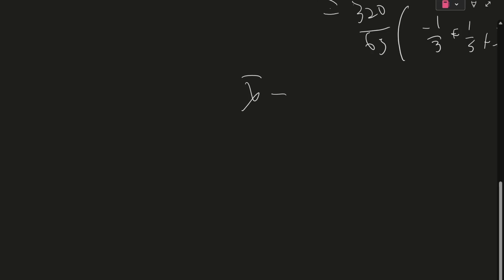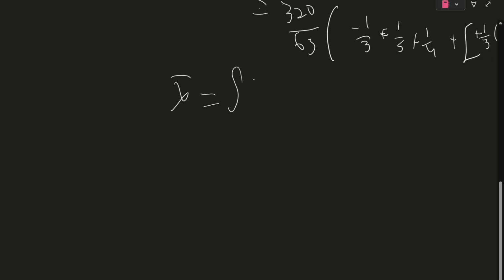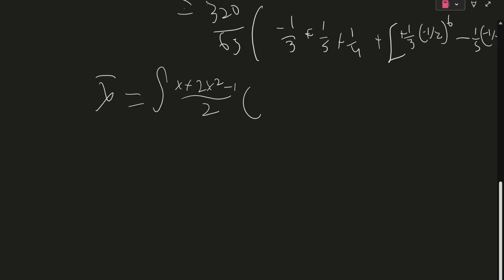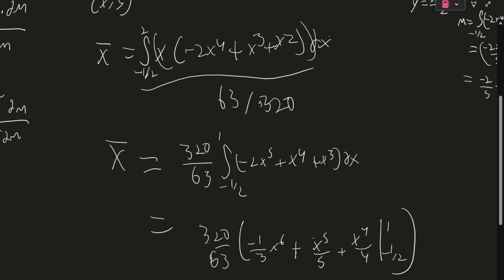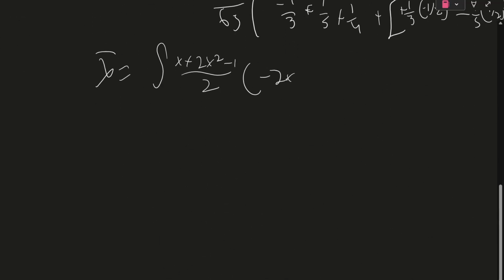So y bar is equal to the integral of our average y value, which is x plus 2x squared minus 1 over 2 times dm, which is going to be, if we look back up here to make sure we get it correct, negative 2x to the 4th plus x cubed plus x squared dx.